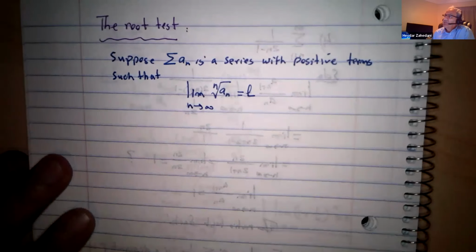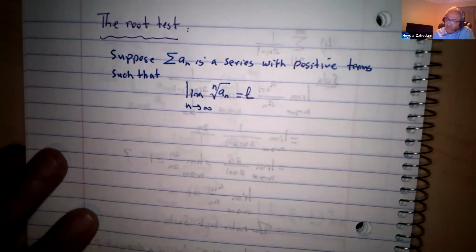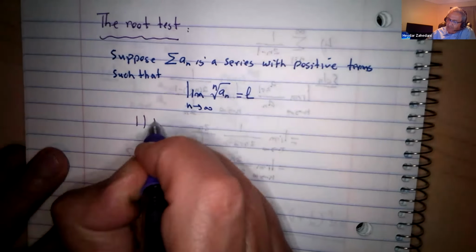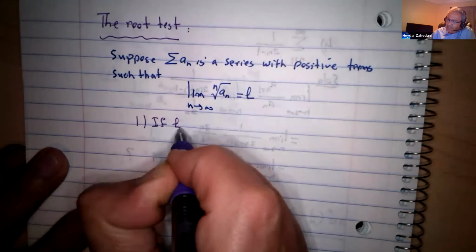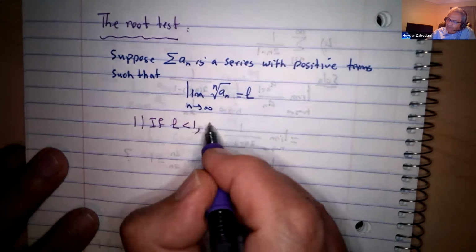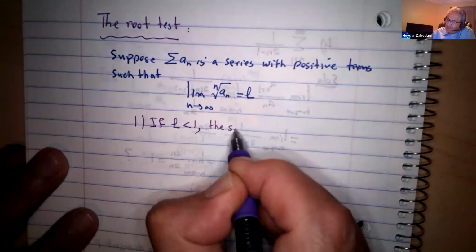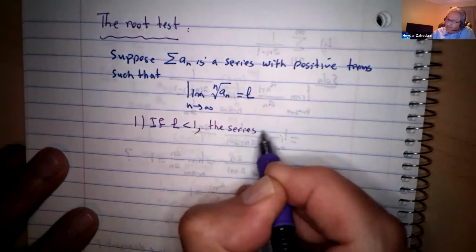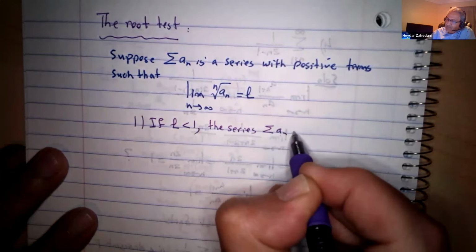Then whatever you did with the ratio test is also true for this one. So the conclusion is: if L is less than 1, the series sigma a_n converges, like a geometric series.